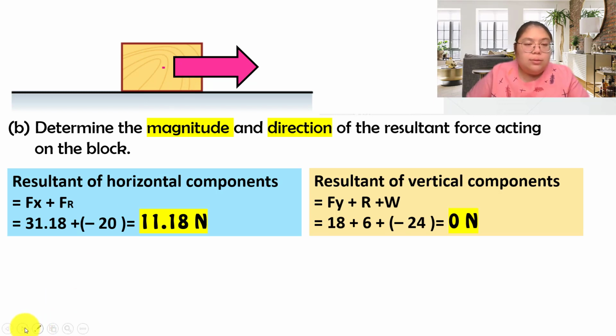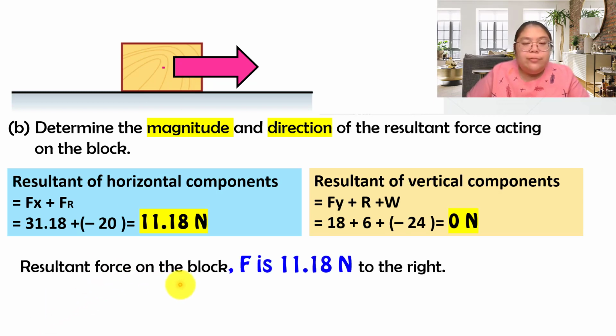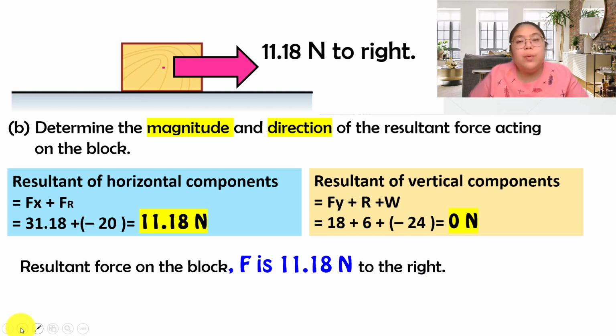The resultant force on the block is 11.18 Newton to the right. This is the magnitude, and this is the direction. So this is the answer, 11.18 Newton to the right.